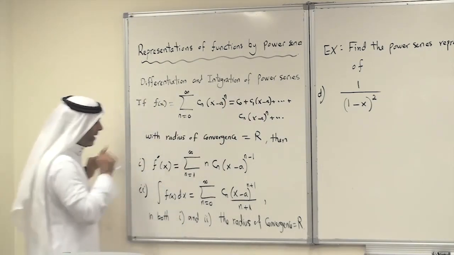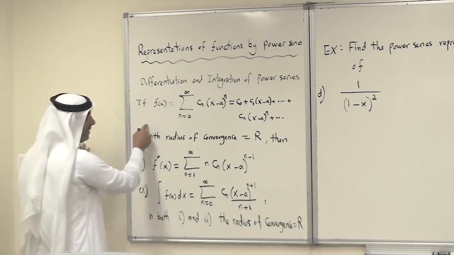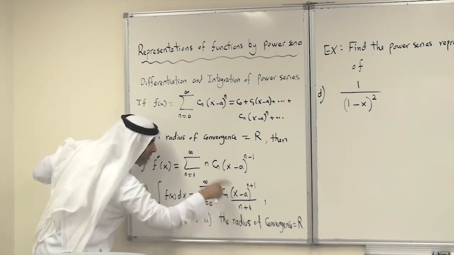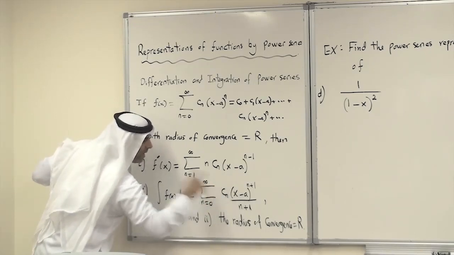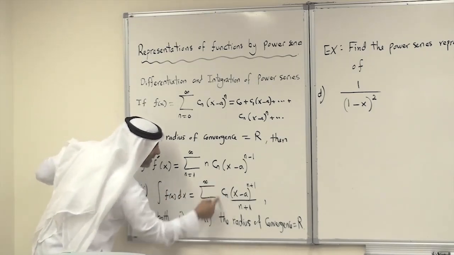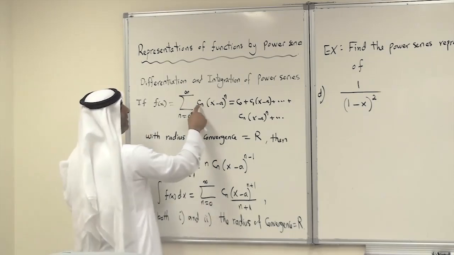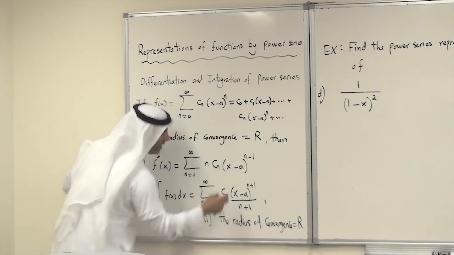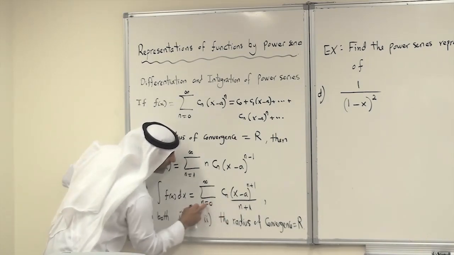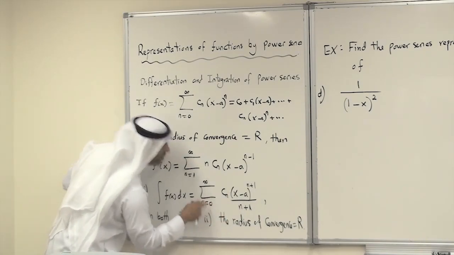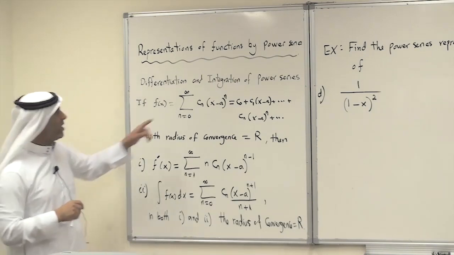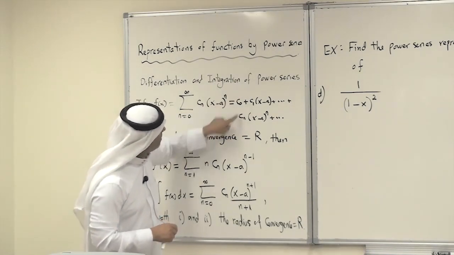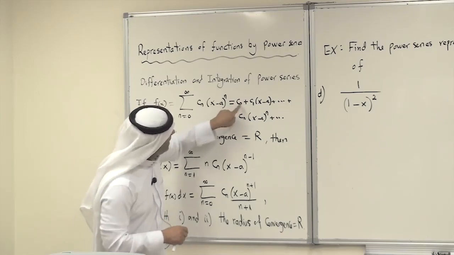From 1. But if you need to integrate, again, you can go inside and integrate if you are working in the convergence. If we go inside and integrate term by term, this will be cn (x minus a) to the power n plus 1, divided by n plus 1. But be careful here. The index again is starting from 0. Why is that? Because once you integrate the right-hand side, c0 will not be destroyed, it will be there: c0 times (x minus a).